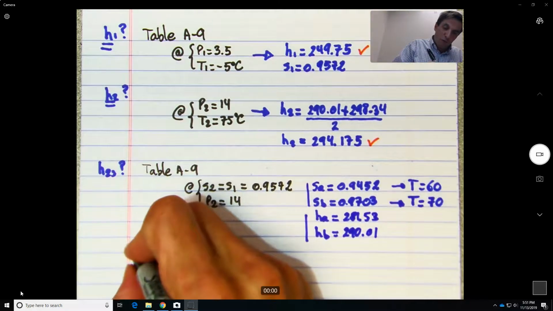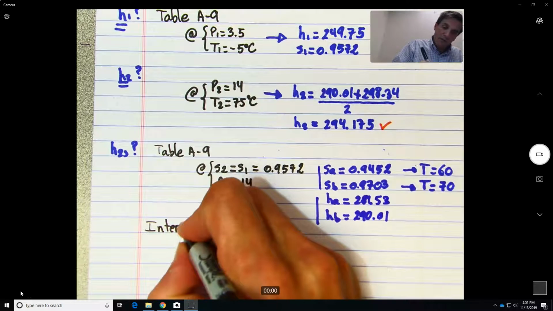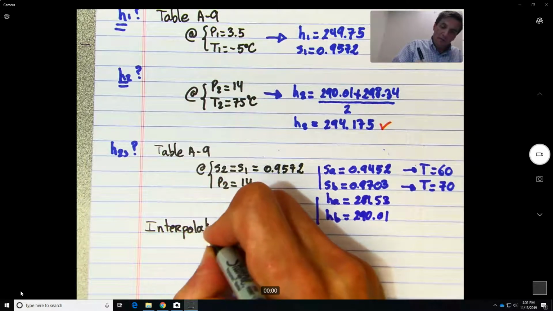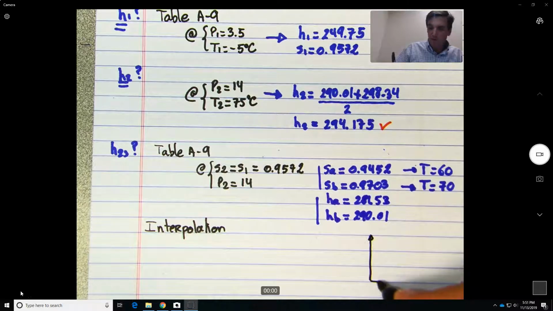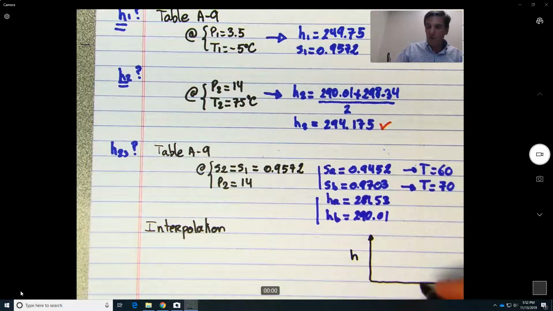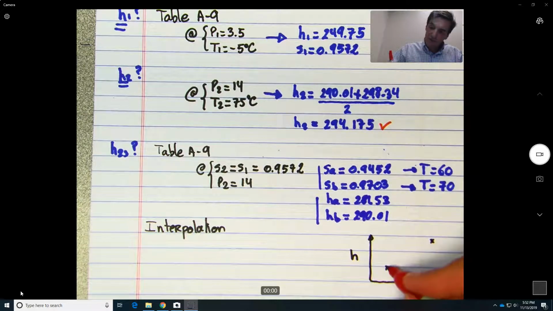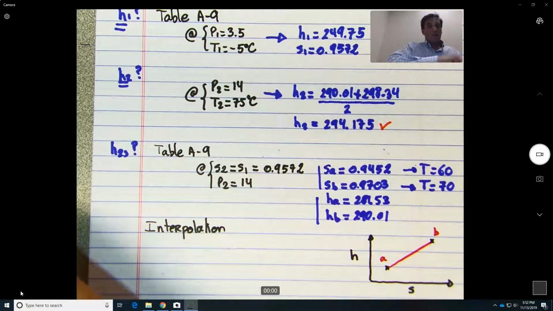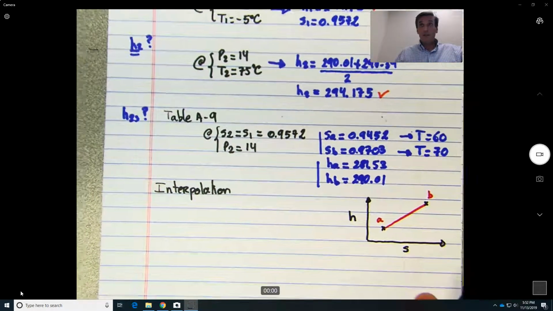For the interpolation, remember that you put on the y-axis what you're looking for, and you put over here what you know, so in this case S. We'll be interpolating between two points, A and B.